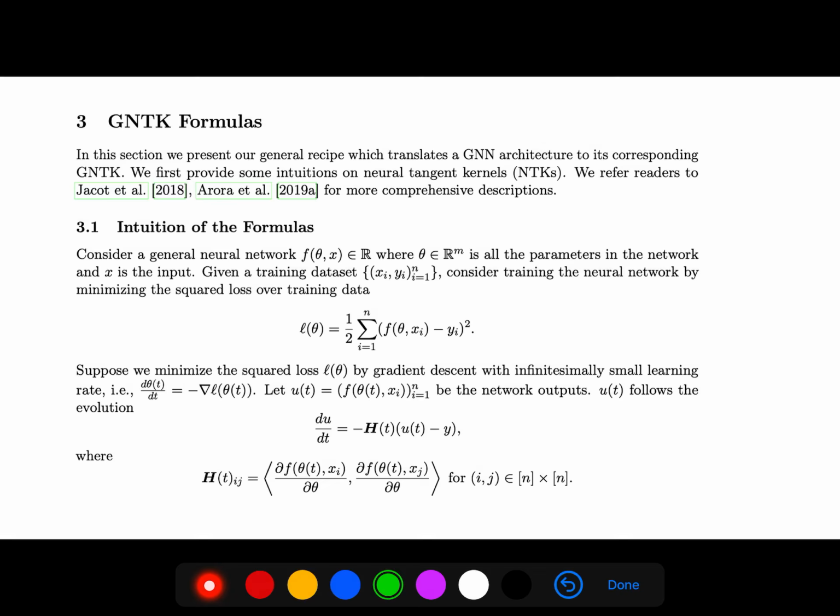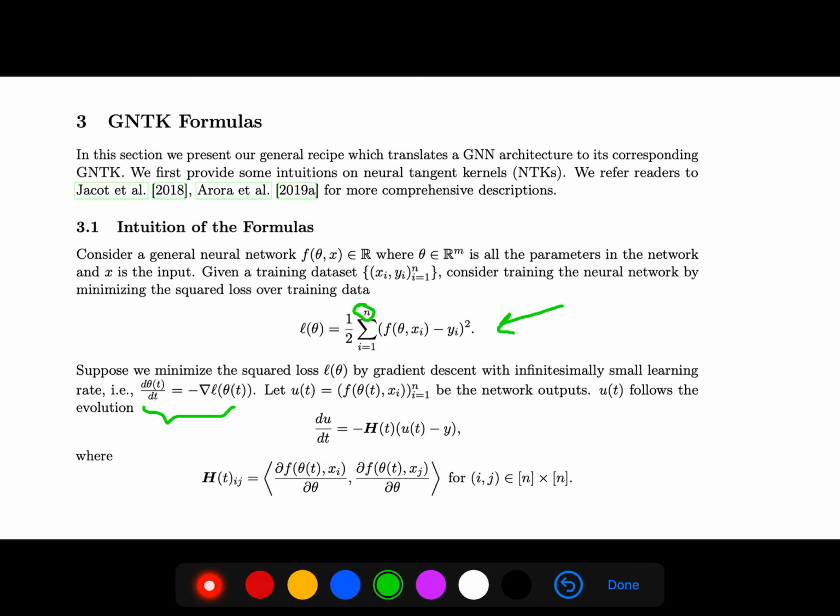Given a training data set, consider training the neural network by minimizing this squared loss over training data. So we have n training data points. And suppose we minimize the squared loss by gradient descent with infinitesimally small learning rate. So we have this learning rate. And let u be the network output.